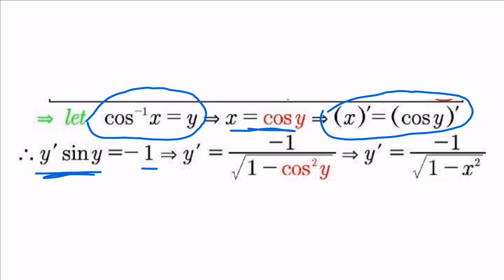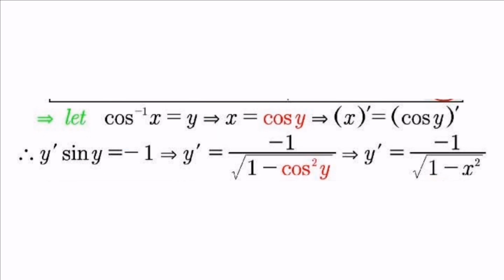Therefore derivative of x dash is equal to cos y whole dash becomes minus y dash sine y is equal to 1. Now by simple simplification, y dash is equal to minus 1 divided by sine y.